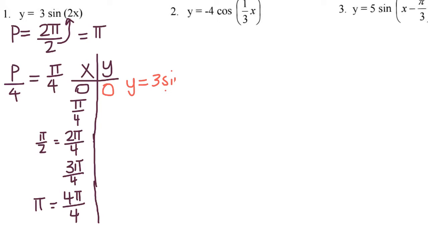But there's also another way, and it is a little faster, and what we can do is refer back over to the unit circle and remember our basic values for sine and cosine.